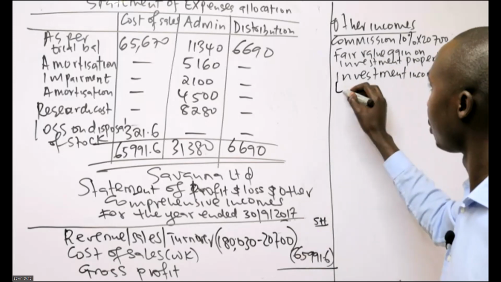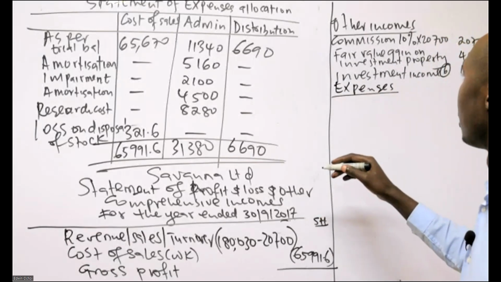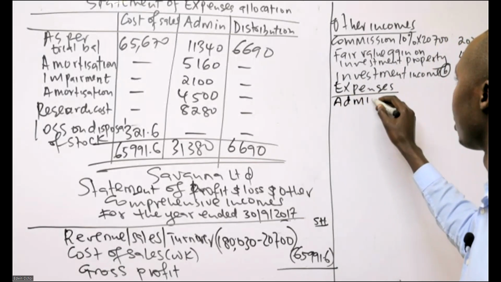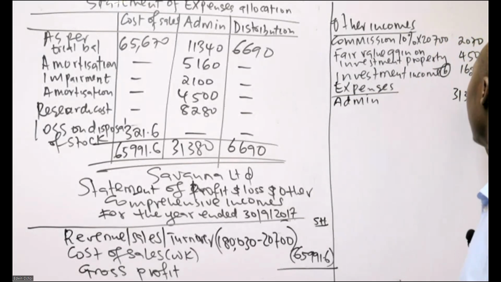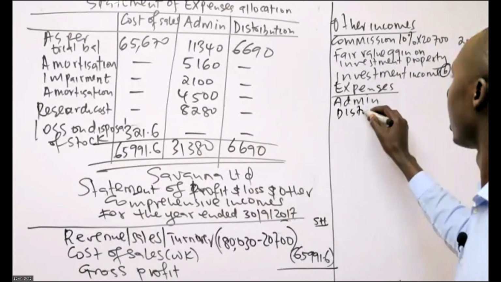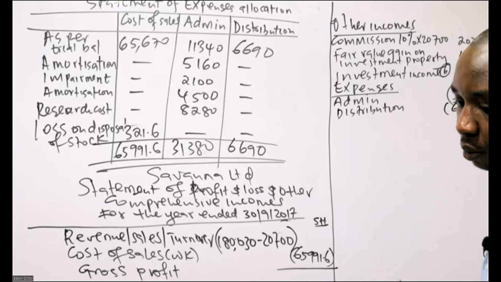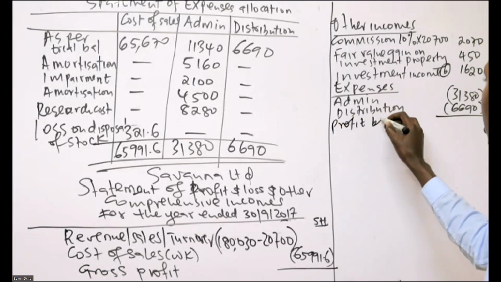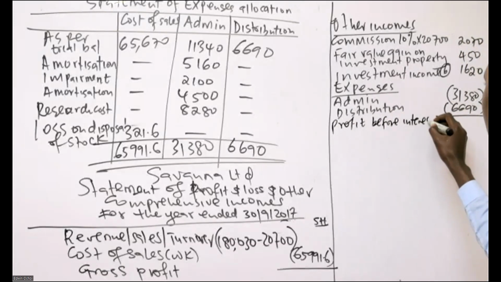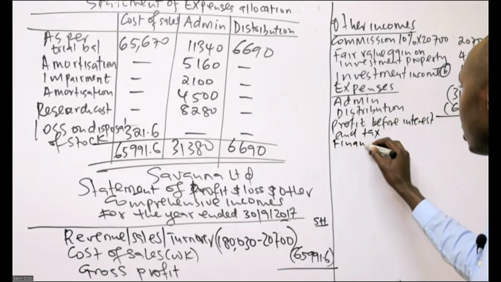For the expenses, we have admin. Admin is 31,380. Distribution is 6690. So you get profit before interest and tax. Then interest, your finance cost.